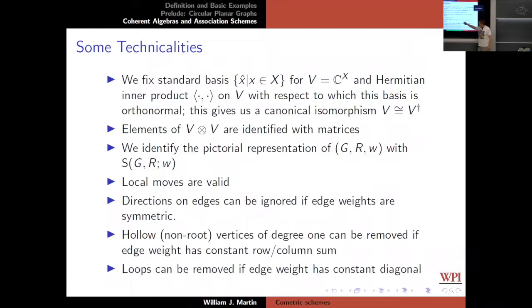We don't need to worry about the direction on edges because directing edges transposes the matrices. So we didn't need that really at all yesterday. Hollow nodes of degree 1, if the matrix has constant row or column sum, just turn into scalars, and so they can be thrown away. Likewise, loops can be thrown away if they have constant diagonal, they just become scalars. So nodes of degree 1 and loops, they kind of vanish.